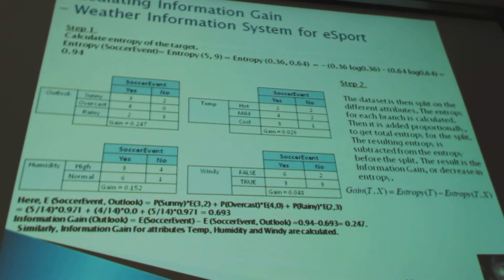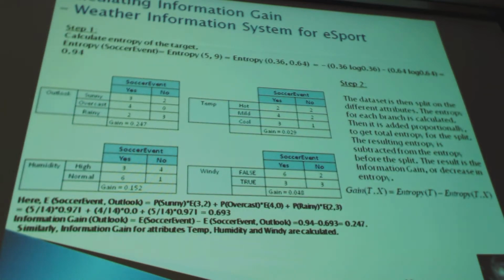Where should I start? I calculate the entropy, which I already showed for the outlook and soccer event, 0.693. The information gain is the entropy of the soccer event minus the entropy of the soccer event outlook, which is 0.94 minus 0.693, which is 0.247. So the information gain for this attribute is 0.247.